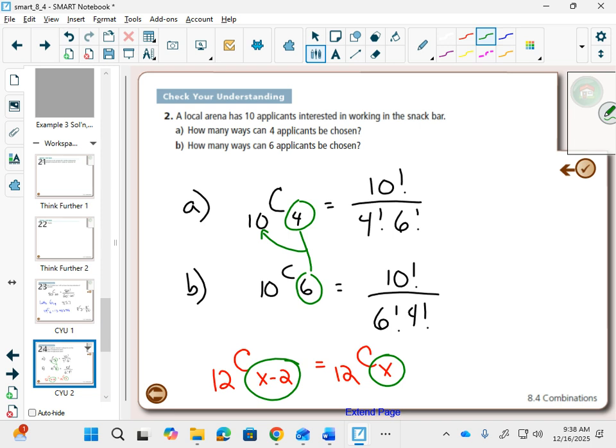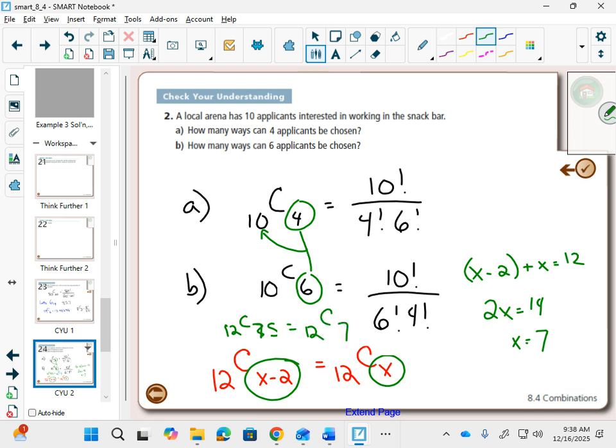So now, this question is really asking this. What does x have to be so that x minus 2 plus x has to equal 12? Well, I can combine my like terms, move the 2 over to the other side. And 12, choose 7, or this side would be 5, equals 12, choose 7.